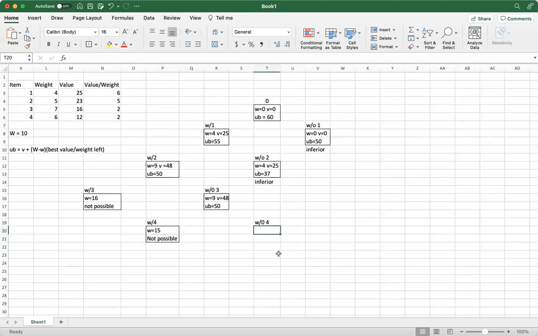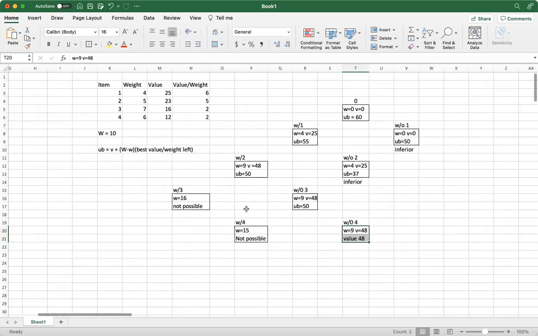And this is the last item we have. Okay. So we know that the weight is 9. The value is equal to 48. Okay. And that's the value. Okay. The value is actually 48. Okay. Because we can't add anything else to it. That's what it is if we add the value of this one at 25 and that one at 23 gets us to the 48.